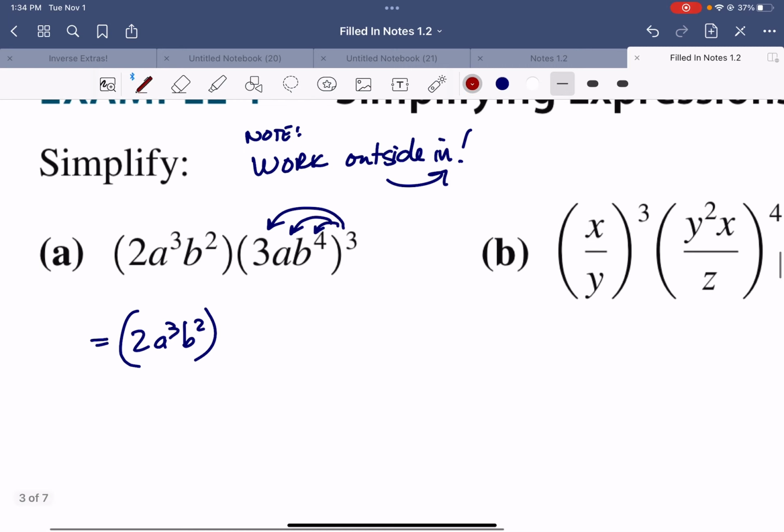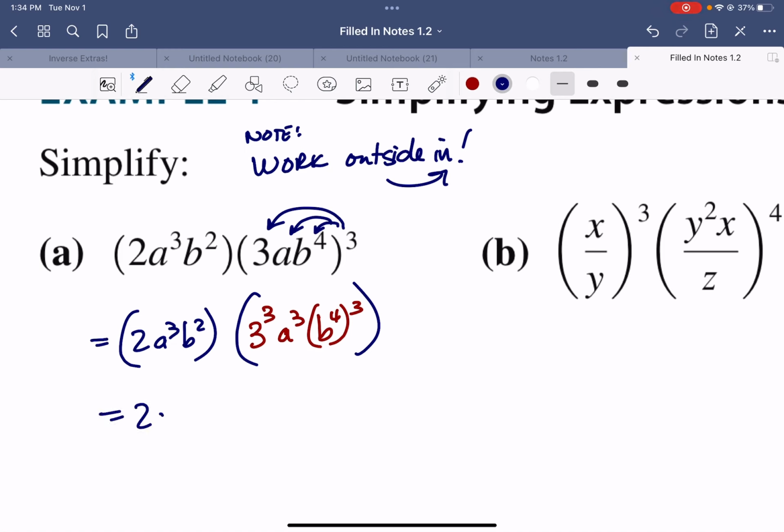If everybody over here gets a 3, it'd be 3 cubed, a cubed, b to the 4th cubed, right? But, again, bringing this along for the ride. Inside here, that's just 27a cubed. But then if I have to the power and then raise again, that's b to the 12th.